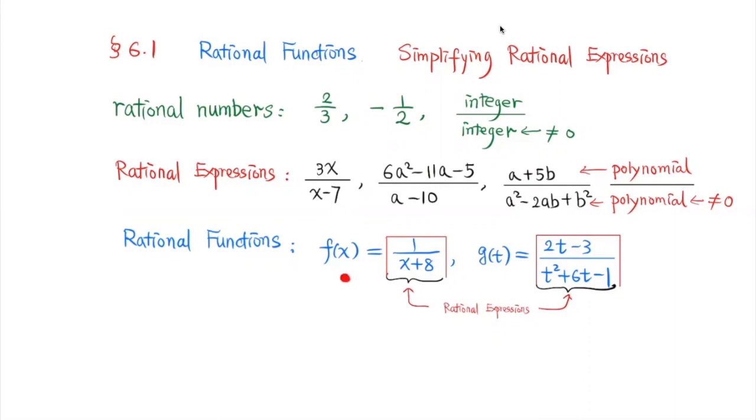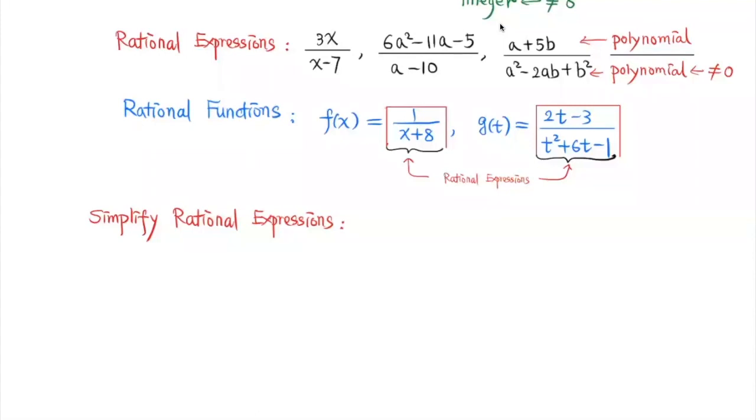A rational function is a function whose equation is defined by a rational expression in one variable, where the denominator is never 0. Today, we're going to focus on simplifying rational expressions.